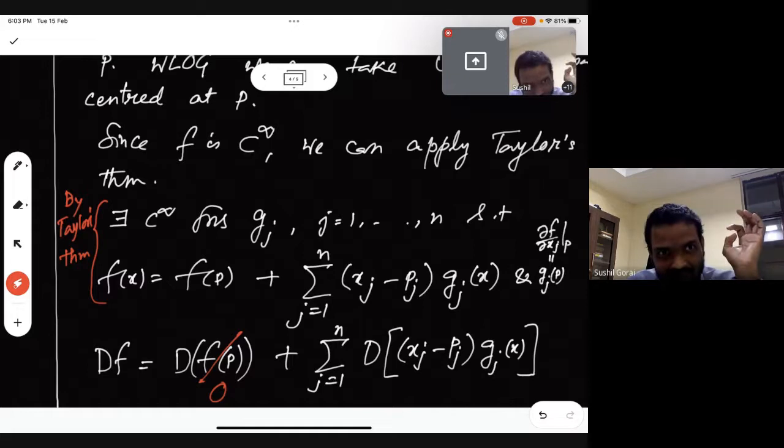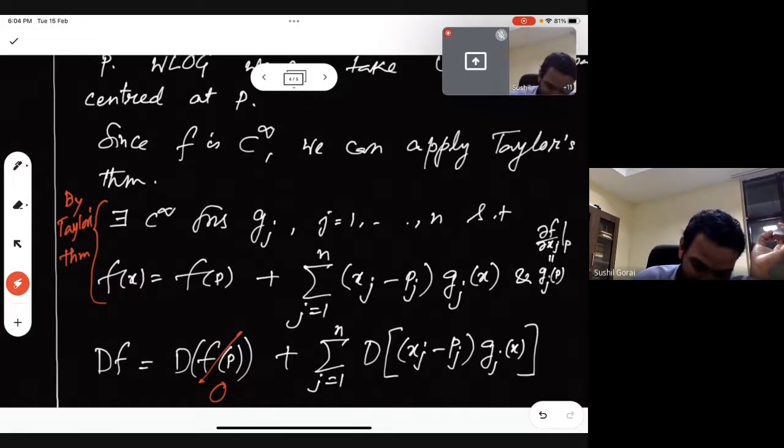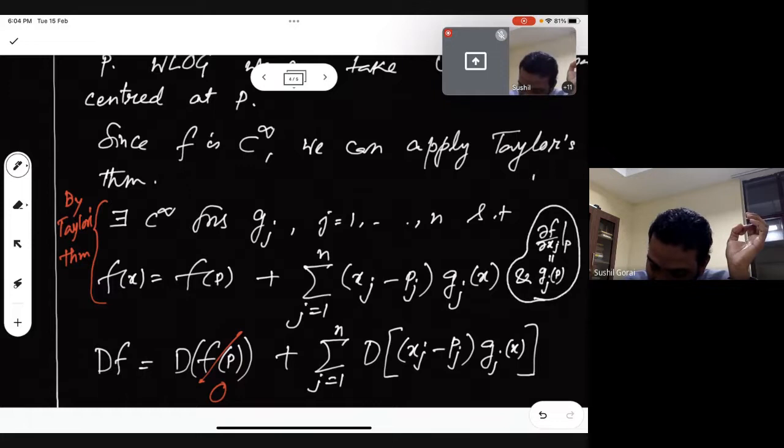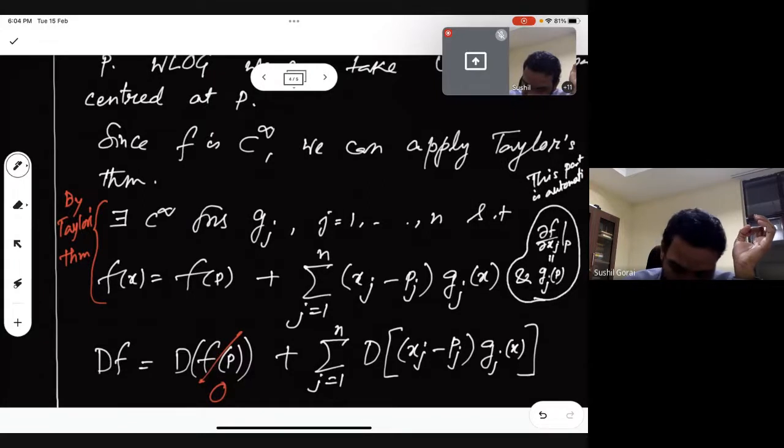So this comes as automatic, you do not need to mention it. It is automatic from the expression.